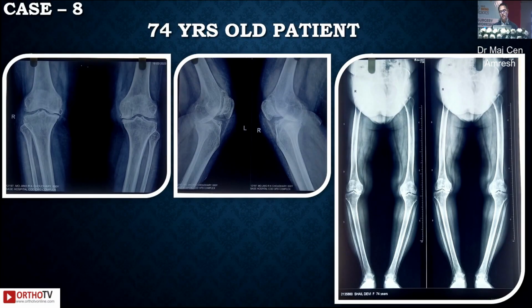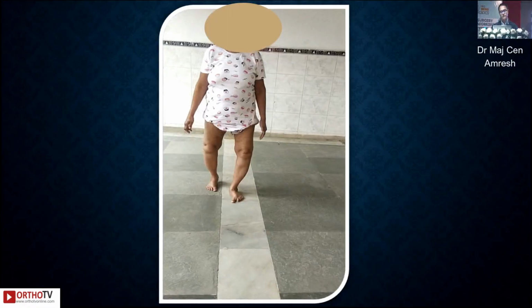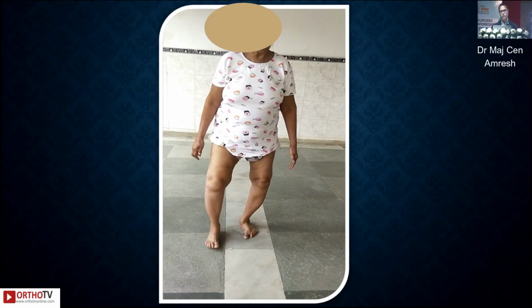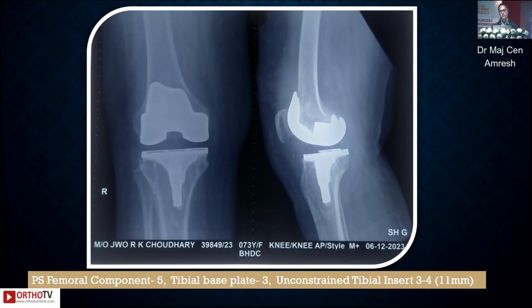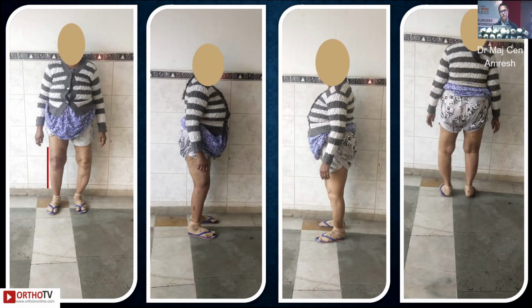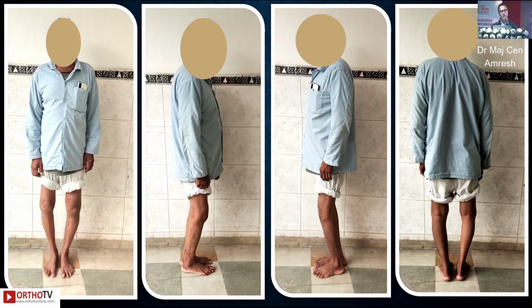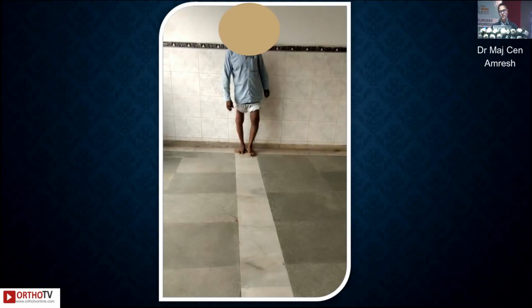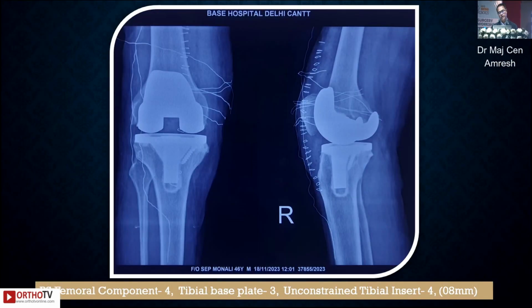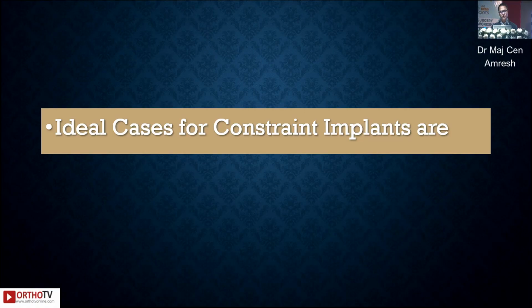Again, another case, advanced arthritic knee, barely able to ambulate unaided independently, successfully managed with a total knee replacement. I've used a posterior stabilized knee. Yet another case, advanced arthritic knee, flexion deformity, barely able to ambulate, managed with a total knee replacement. In this case, used 6.5 cancellous screws.